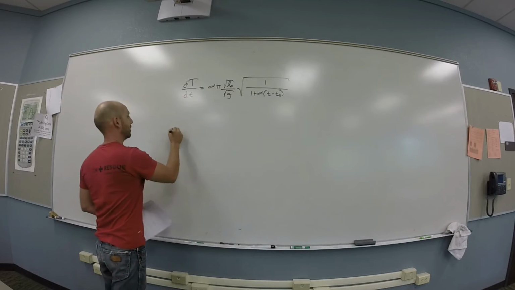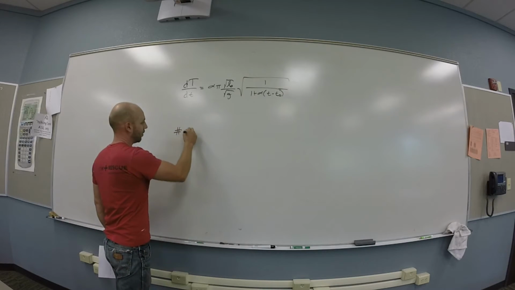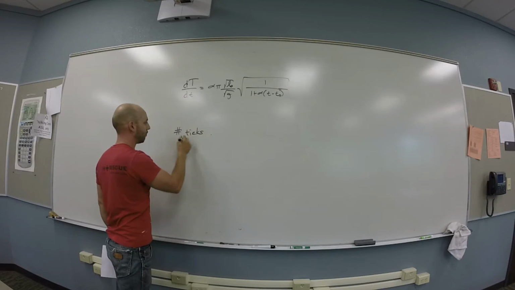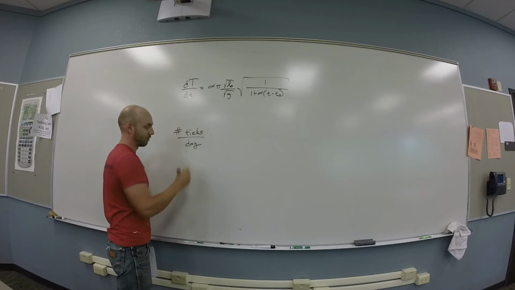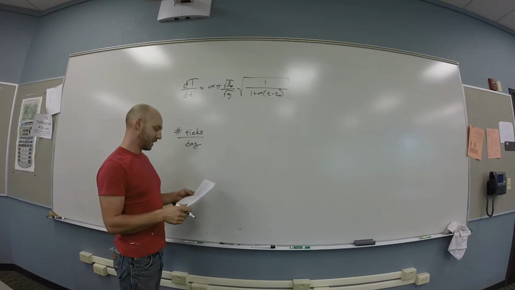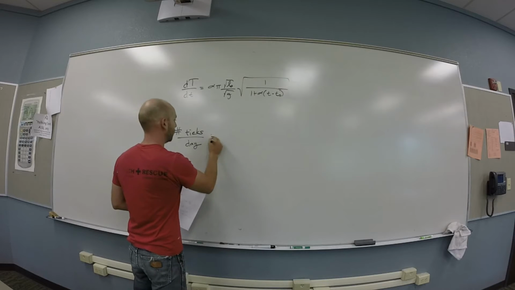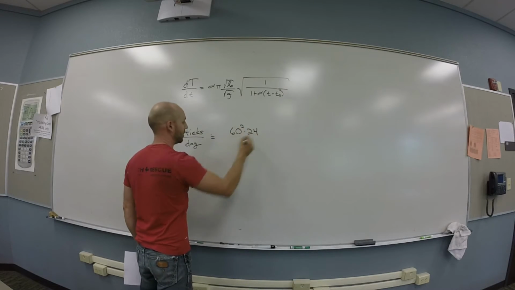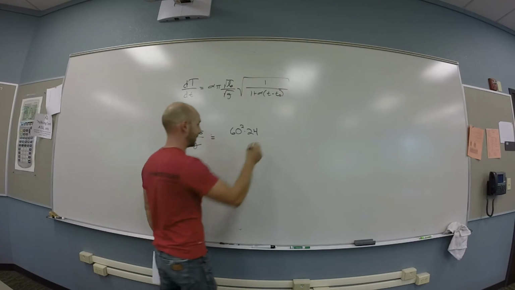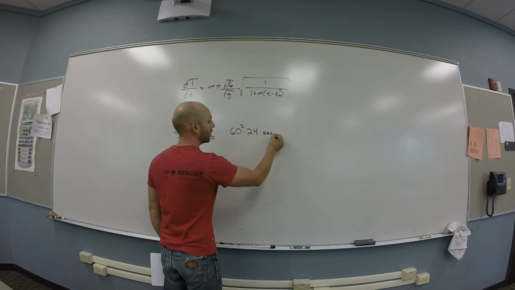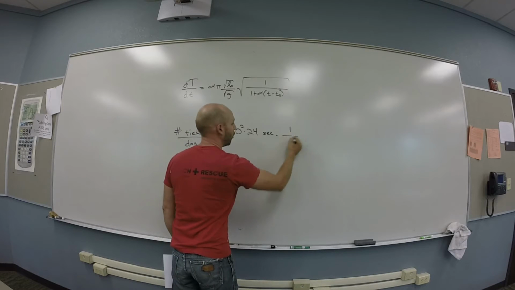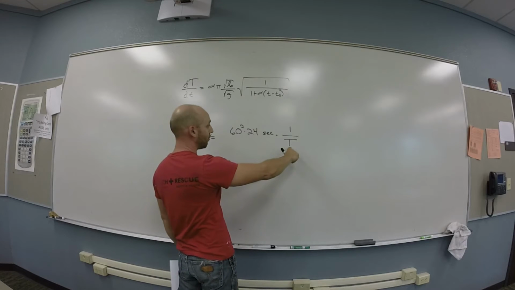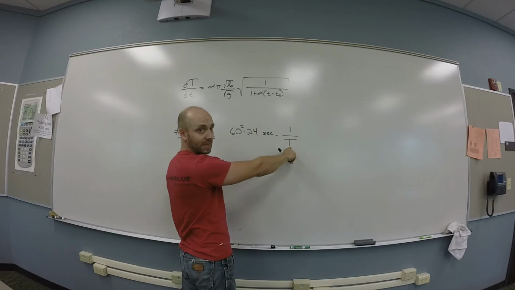So let me say this. There should be something like the number of ticks per day, right? And this number of ticks per day should be the number of seconds in a day, so 60 squared times 24, that's seconds, right? Times 1 over T, because T is the number of seconds per tick.